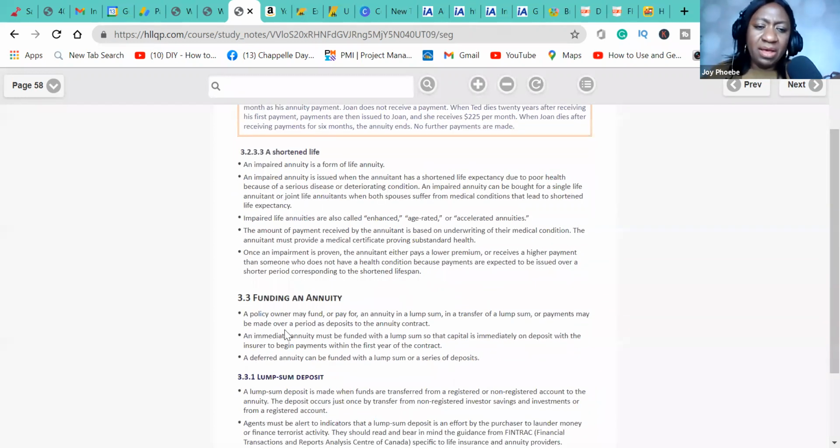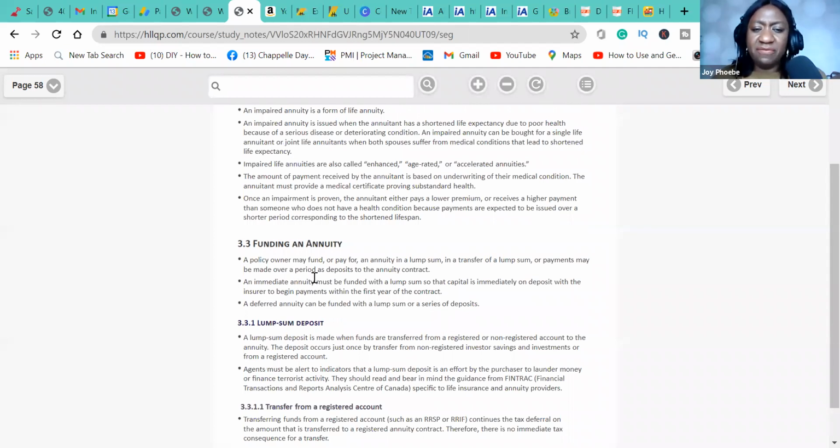Funding an annuity. A policy owner may fund an annuity, or pay for an annuity, in a lump sum or as a transfer. A lump sum payment may be made from another account to the annuity account.